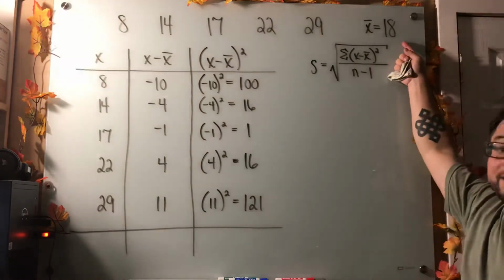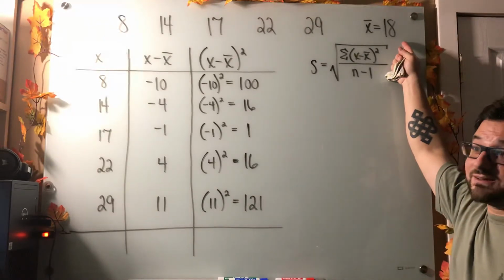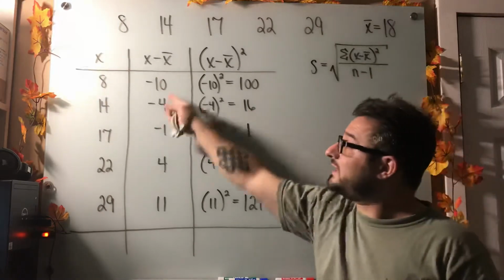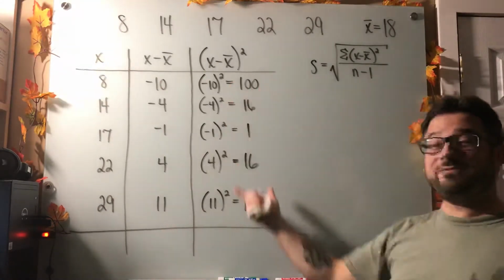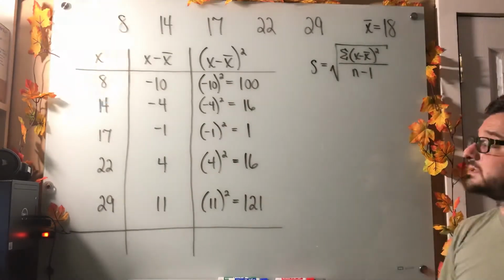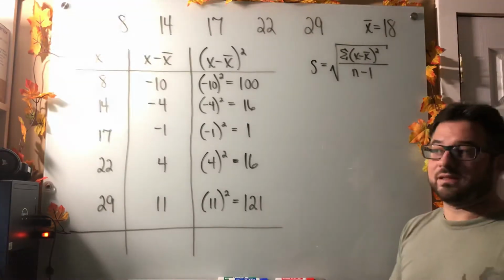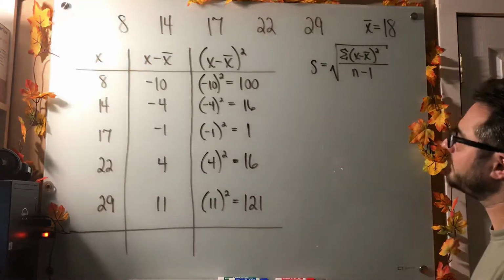If the mean had been a decimal, which is, quite frankly, what typically happens, then the deviations can get ugly. The square deviations get even uglier. So I chose some nice values here to give us something that's relatively simple.